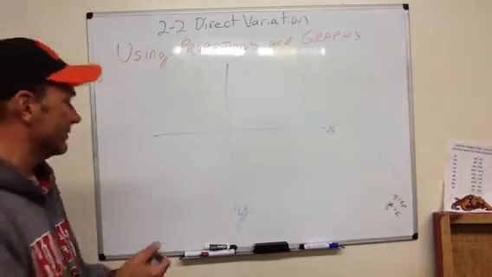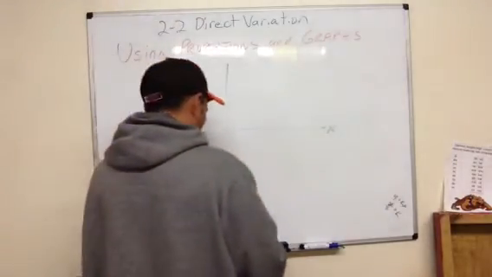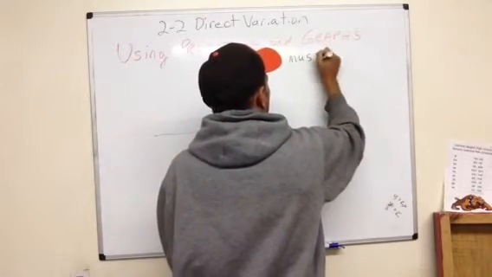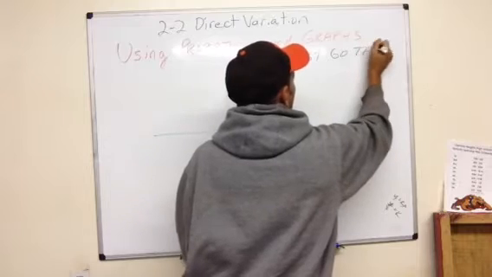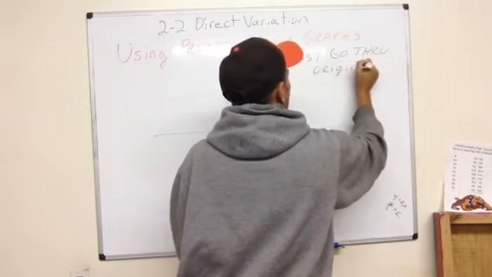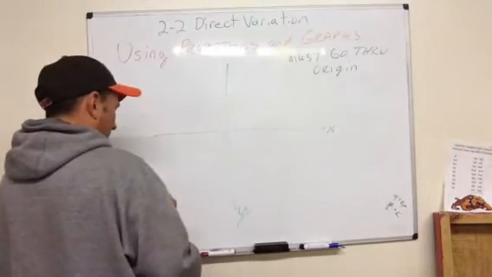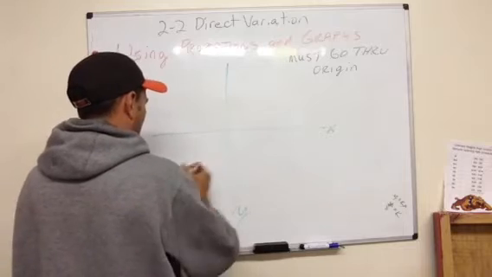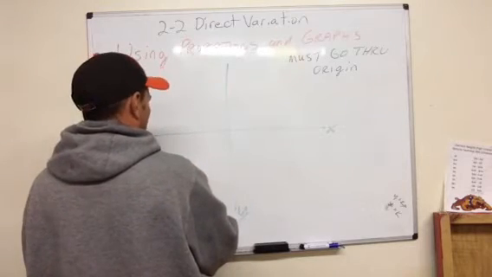But the key is, it has to go through the origin. Must go through the origin. And it has to be a straight line.